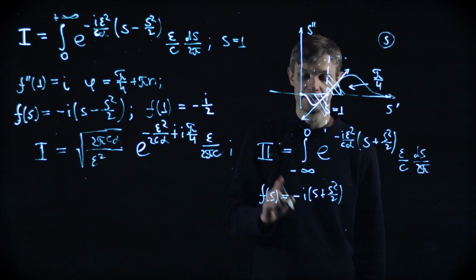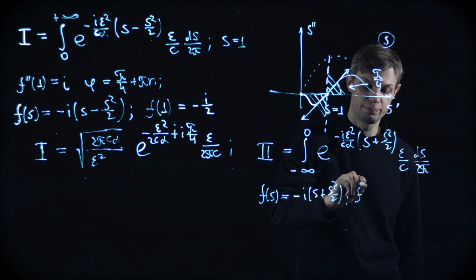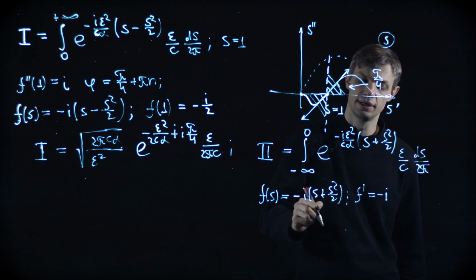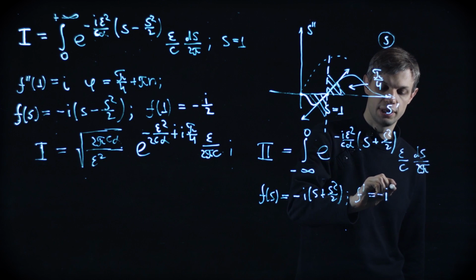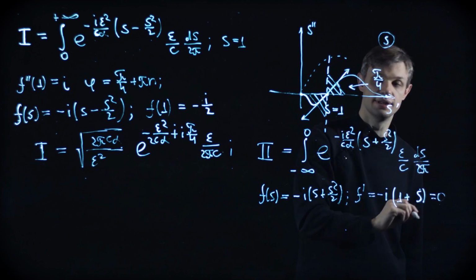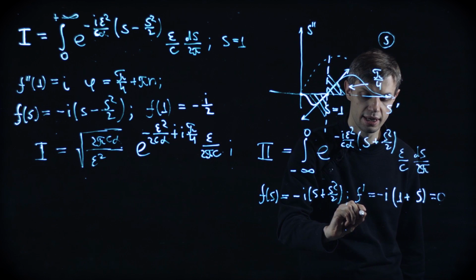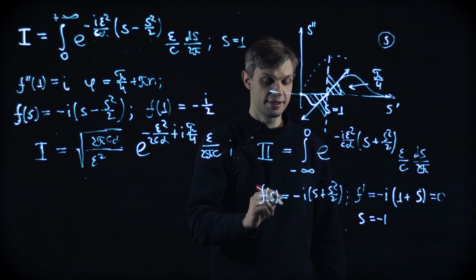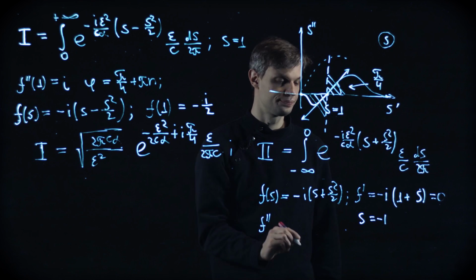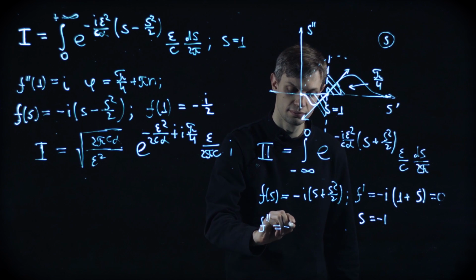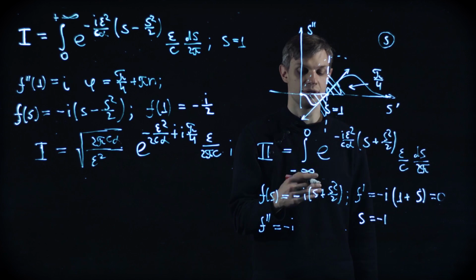We find the saddle: f prime is equal to negative i times 1 plus s. So now the saddle is positioned at s equal to negative 1. Now the second derivative, f double prime, which is simply minus i, and the direction of the steepest descent.